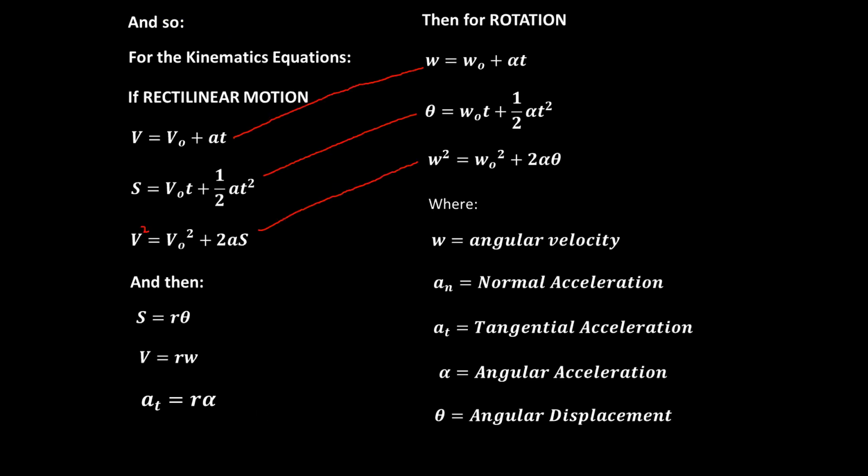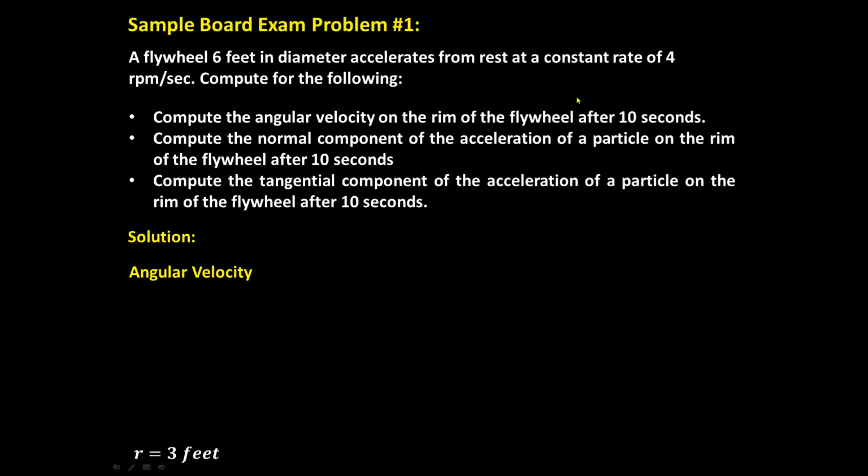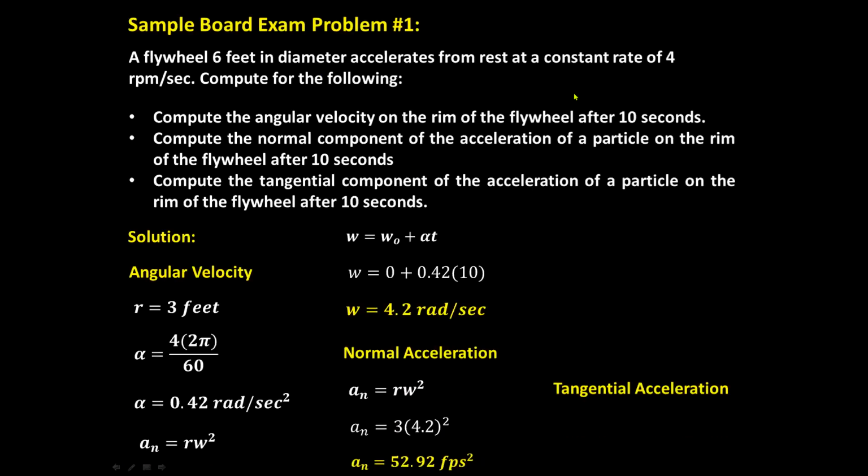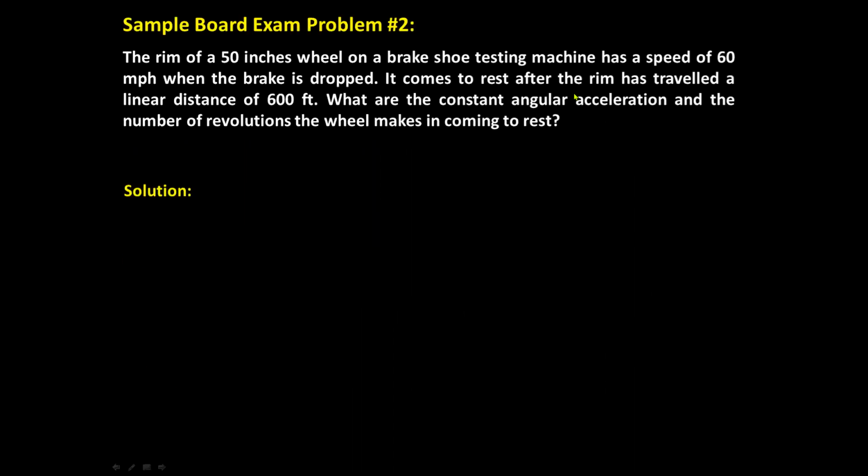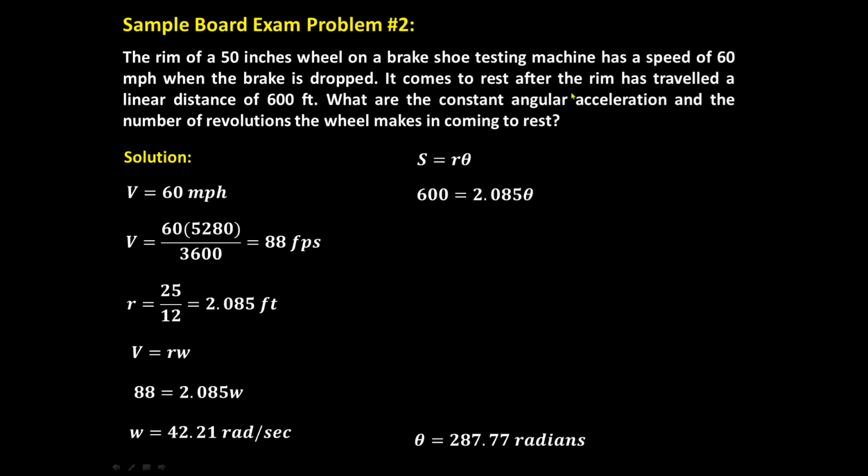Tandaan niyo yung dalawang yan, no? Okay, balikan natin yung problem ngayon. So, nakalculate natin ang ating theta and we have it as 287.77 radians. And actually, we can convert it also into degrees, no? Okay, 287.77 radians ang nahanap natin.